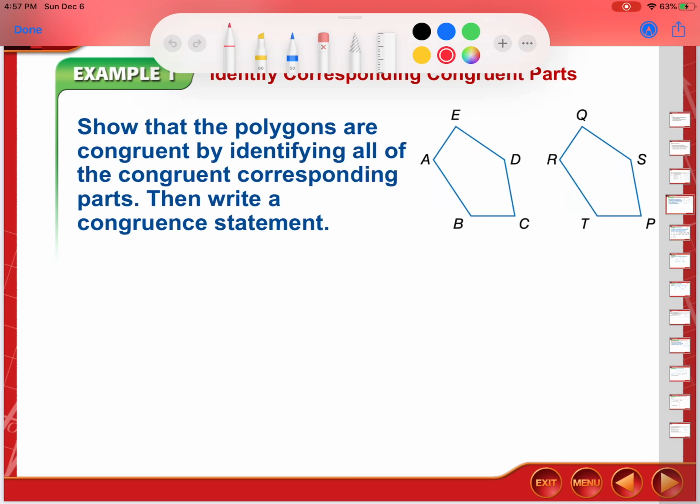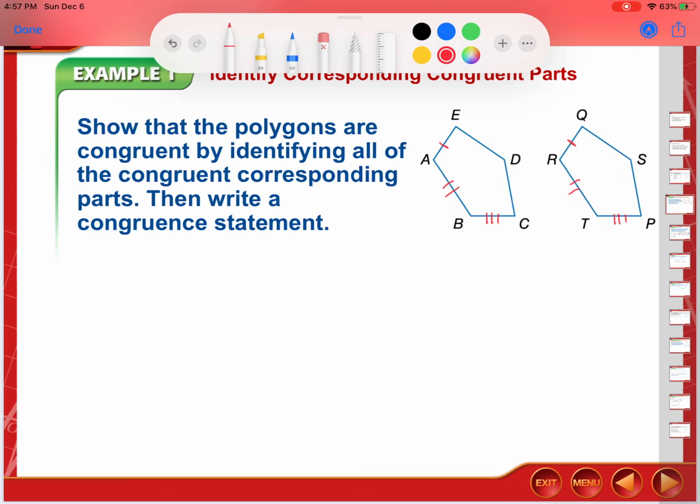There are some tips and tricks when it comes to writing the congruence statement itself, but big picture, the important thing to me is we want to label what sides are the same. So I'm going to start off by labeling the sides. Side AE is the same as side RQ. Side AB is the same as side RT.